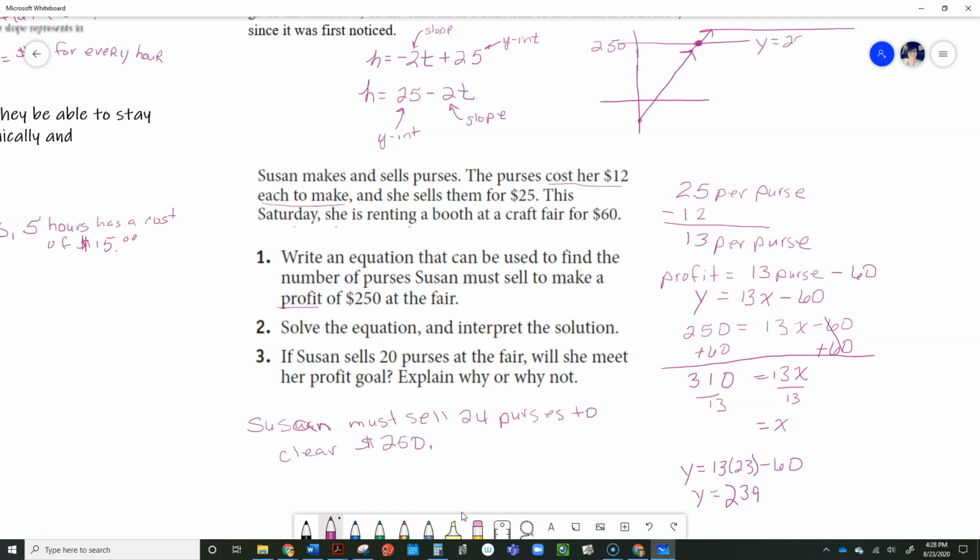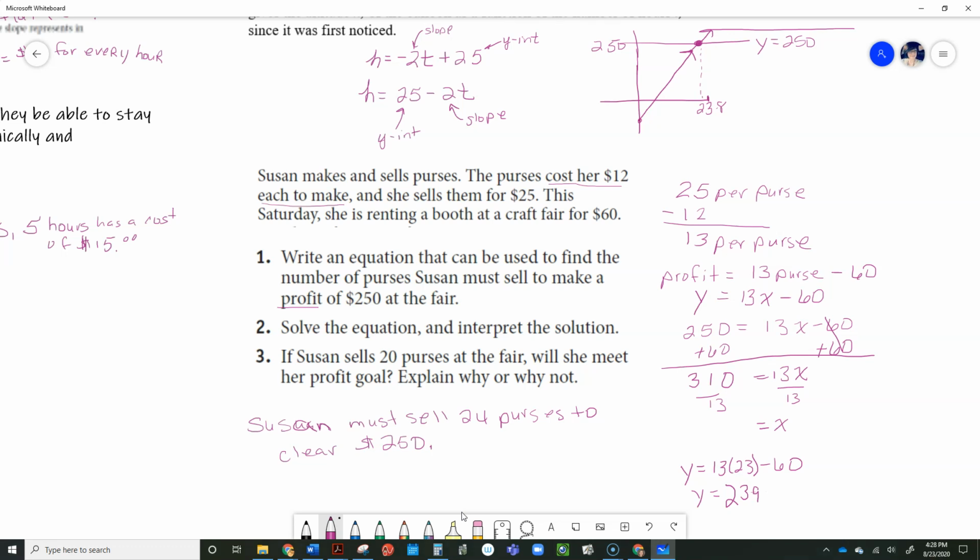That's Y equals 250, because Y is your profit. Find where it intersects this profit equation. That's intersecting at 23.8, so we know that we have to go over to the nearest whole number to make 24 purses.